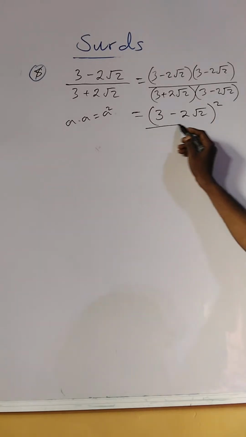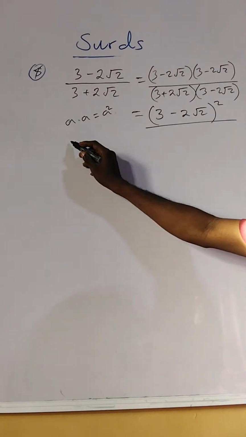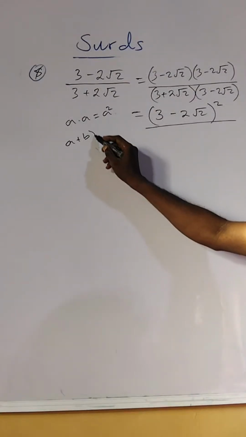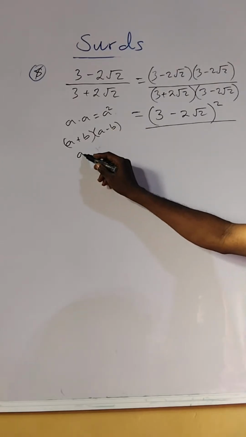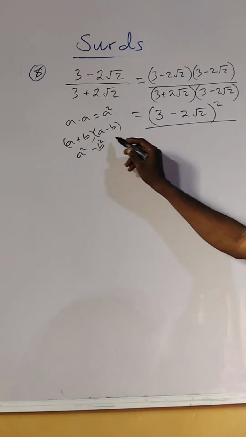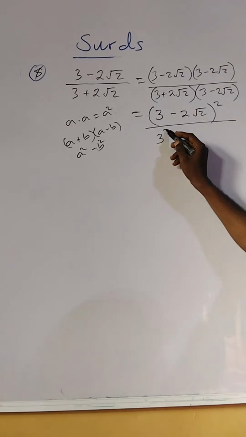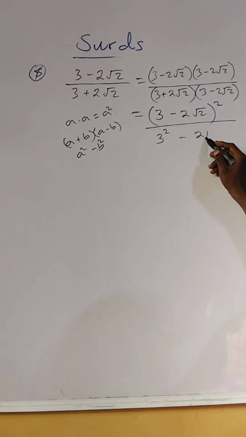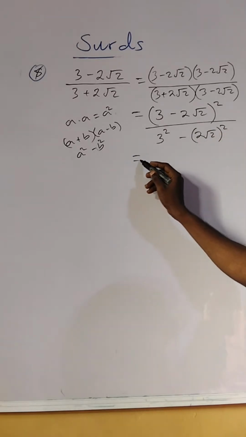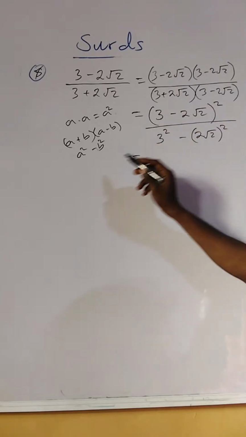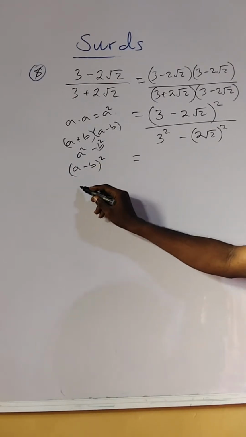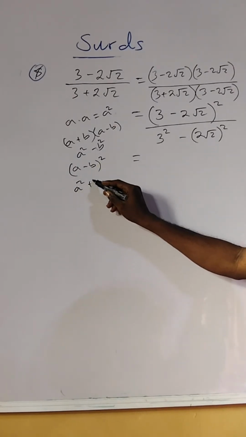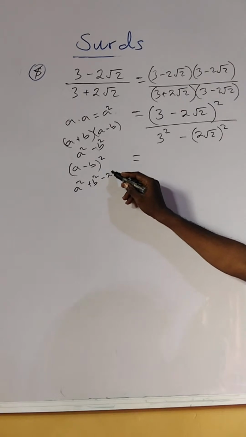Then divided by, this also follows when we have two brackets, a plus b times a minus b, and we call this a square minus b square. Here a is 3, that's 3 square minus 2 root 2 all square. Then the expansion here: when we have a minus b all square, we can say this is a square plus b square minus 2ab.